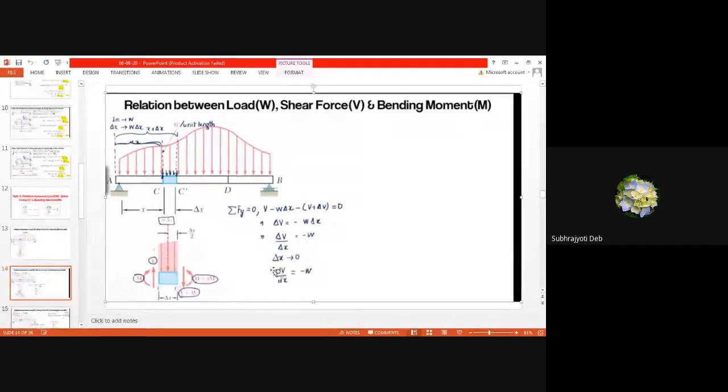So if you take any point in your shear force diagram, the slope at that point will give you the applied load. That is the physical significance.